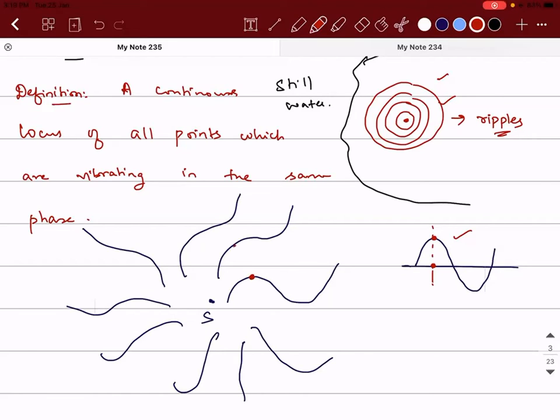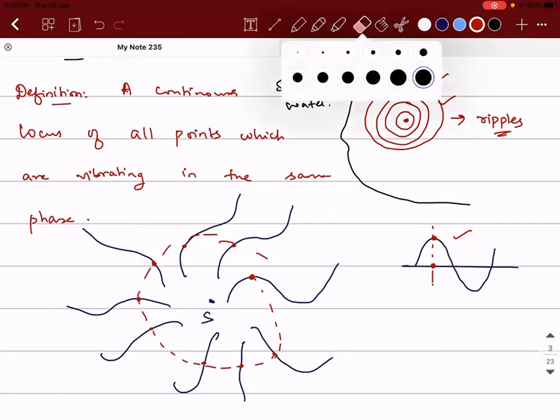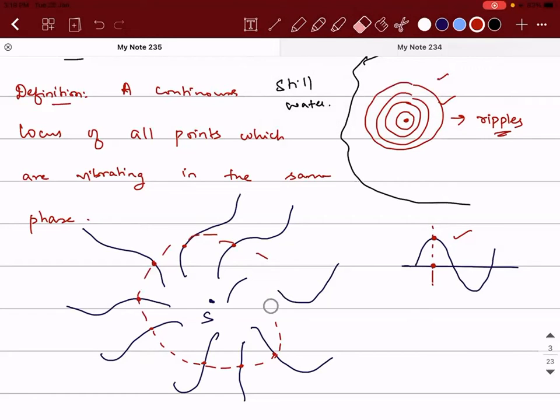The same phase is followed here, here, here, here, here, here. If I join all these points, then the shape that I'm going to get is what is called a wavefront. So this is the meaning of the book definition.